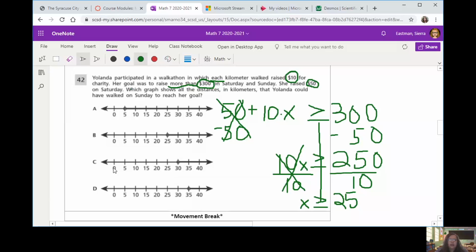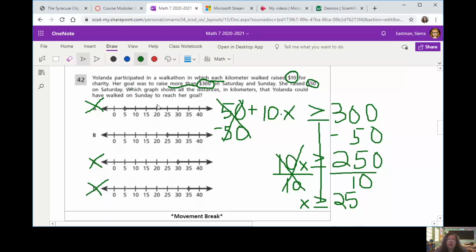Automatically, that should tell me that A, C, and D are not correct. Anytime we solve an inequality, that final value for x is where our circle needs to be drawn. Okay, and so automatically we see none of those are drawn at 25. We don't even need to check them.